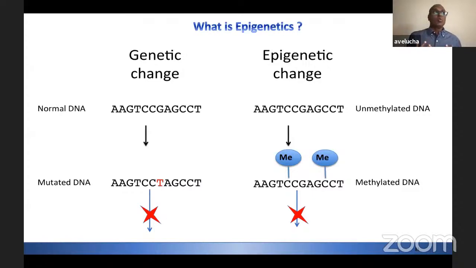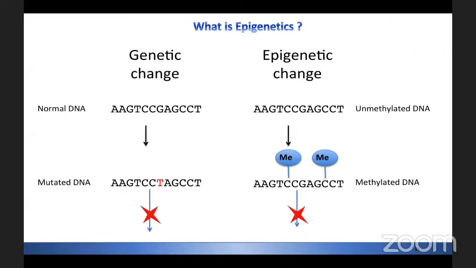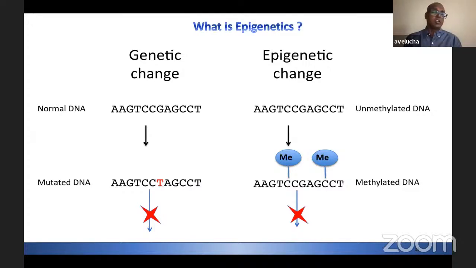So how can these kinds of changes be eliminated? For example, a mutation arises if you smoke or have some kind of disease. You use the CRISPR-Cas9 system to eliminate this mutation. For example, here the G has changed to T, so you can put the G back and then reverse the disease process.